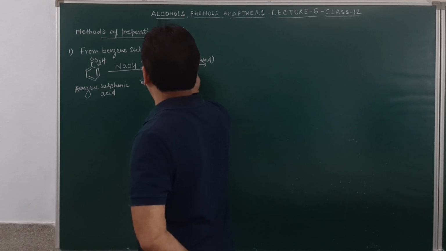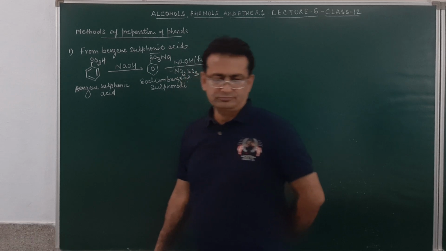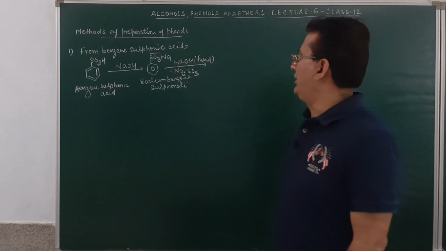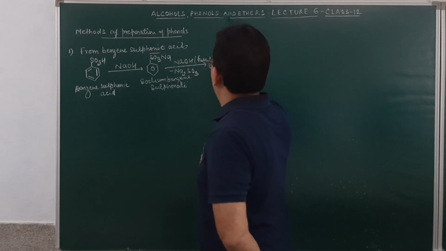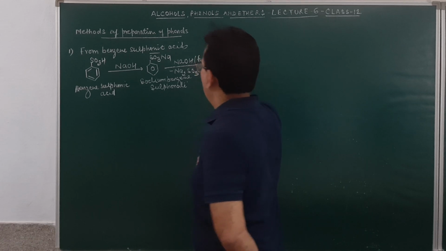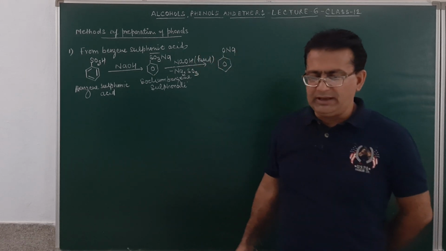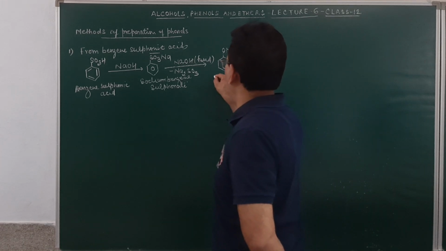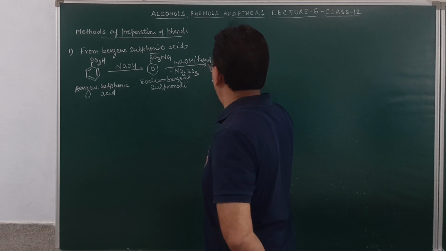A molecule of sodium sulfite will be given out. And this will result in the formation of sodium phenoxide. The product obtained over here will be sodium phenoxide.